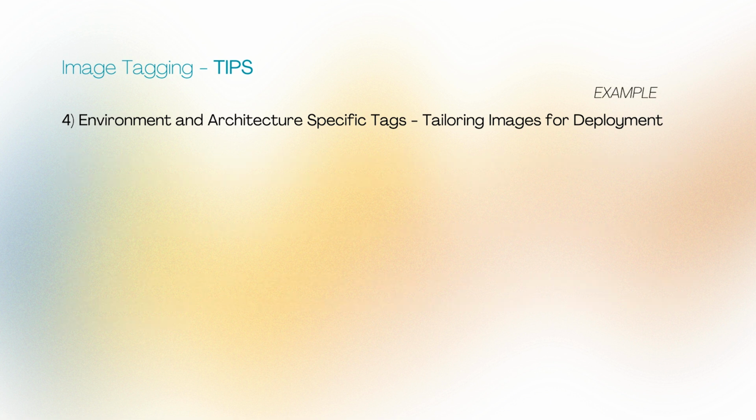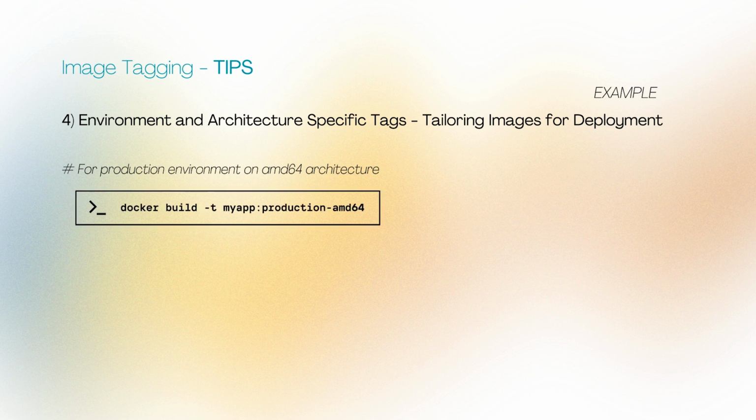Here's an example demonstrating how to use environment-specific or architecture-specific tags when building and tagging Docker images. So for a production environment on AMD64 architecture, we can run a command such as docker build -t, the name of your app, and then specifying the version, or let's say the environment, production-amd64.